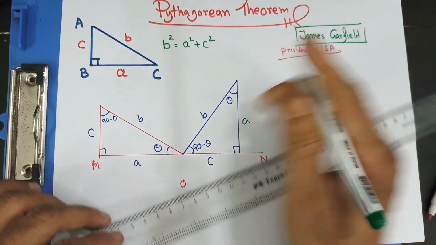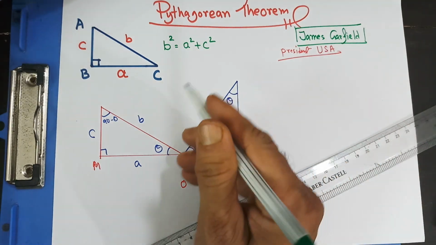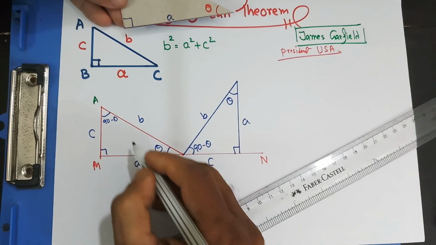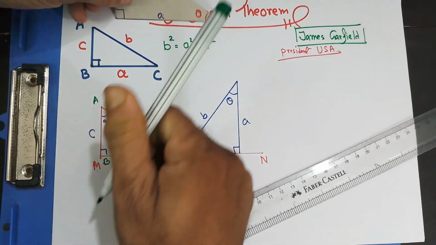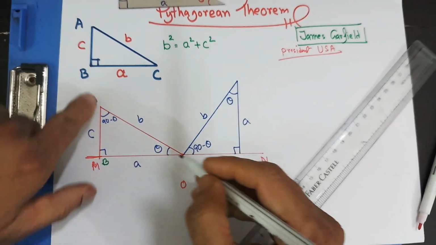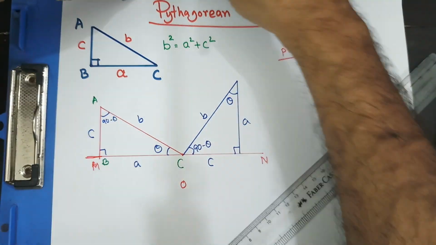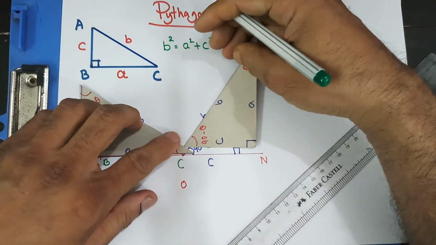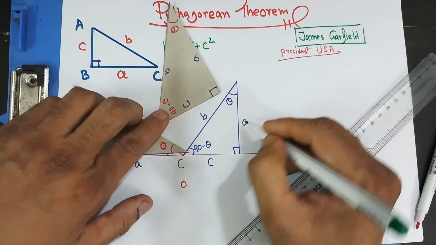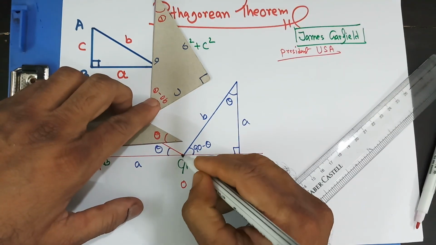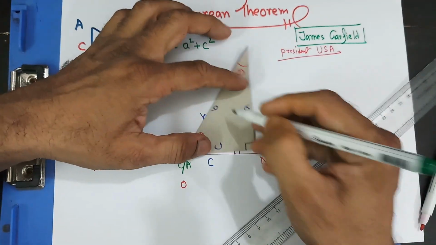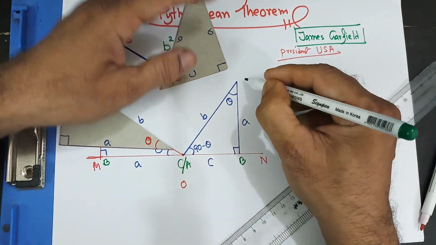Now what I'm going to do is join these two vertices. Let me write down the names. Over here, opposite of A is small a. Now opposite of B, this point, is going to be b. Let me extend a little bit for M. And this one is a, b, this is c. Now the same triangle, when I fold it and put it like that, this is going to be a, and a is the opposite side of this, and this is going to be c.